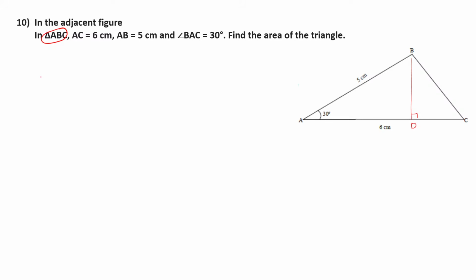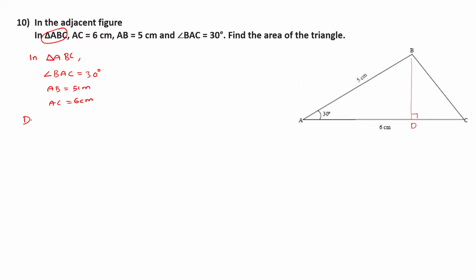Okay. So, in triangle ABC, what was given, let us write. Angle BAC is given as 30 degrees. AB is given as 5 centimeters, and AC is given as 6 centimeters. This is what is given.